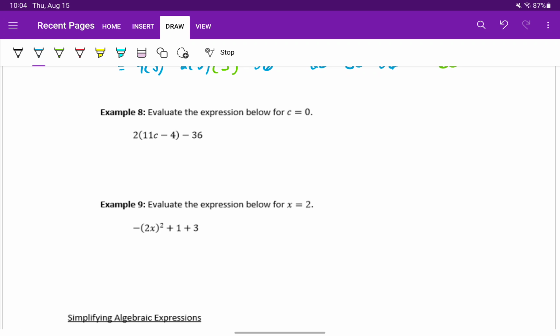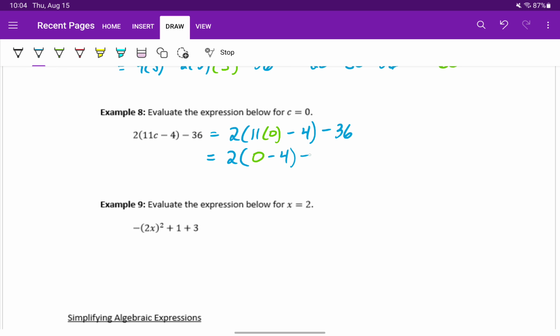In example 8, same process. We'll substitute in this case 0 for every instance of c. And then start off by taking care of those operations inside the parentheses. The first one will be this multiplication step. Any number times 0 will just become 0. So 11 times 0 is 0.